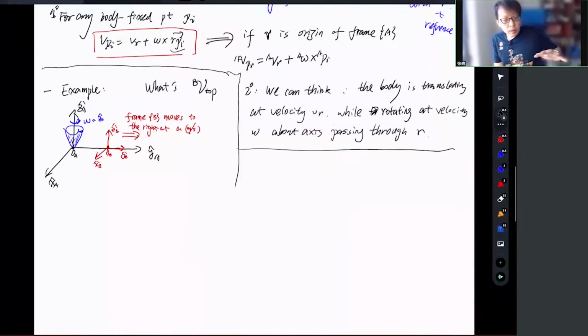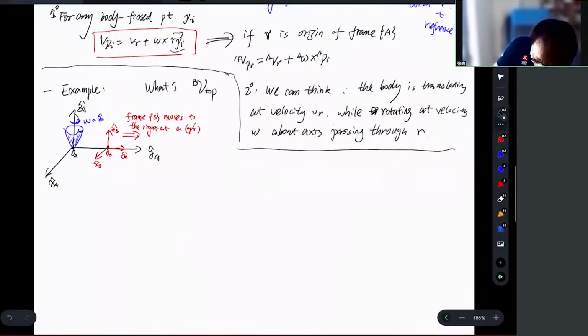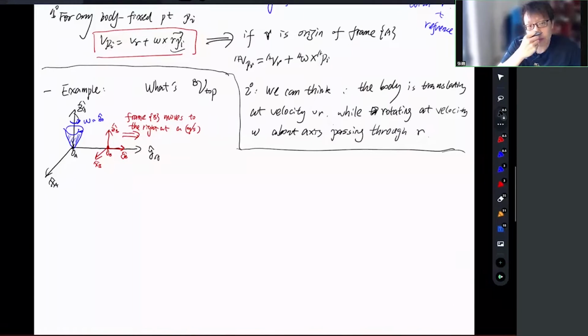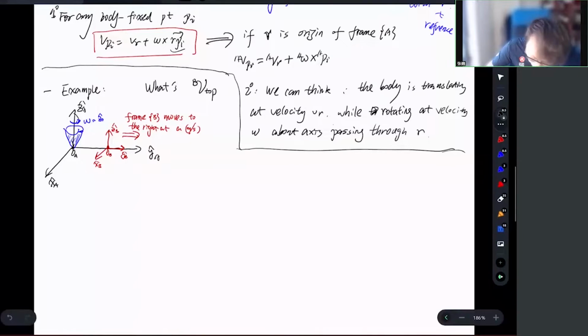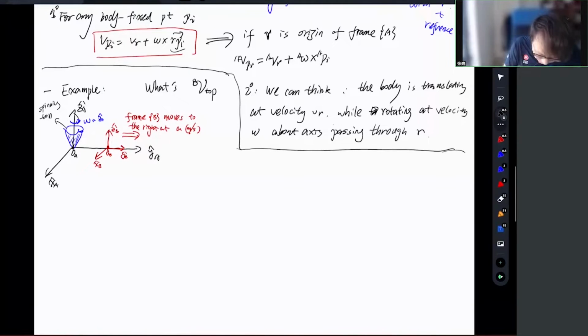I'll give another example. I think in lecture 2, I gave several examples already. I just want to give another example to complement or support your understanding. Let's think about this case. Here is the spinning top, and it rotates about the ZA axis at unit speed, right? So the direction is ZA hat, this omega. This is the spinning top. Its motion is just rotation about the axis.